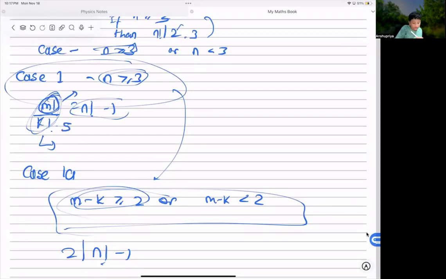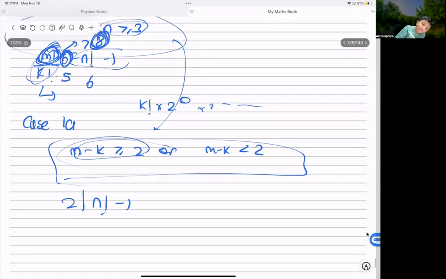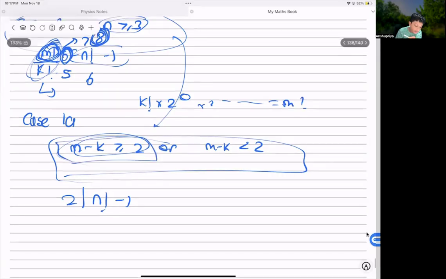If this is 5, this is 7, then one even term will come in between. Or if it's 6 and 8, so this even term came. So at least this will be k factorial into 2 into 3 and so on, which is equal to m factorial. So can I say that 2 will divide n factorial minus 1? Are you understanding this, guys?